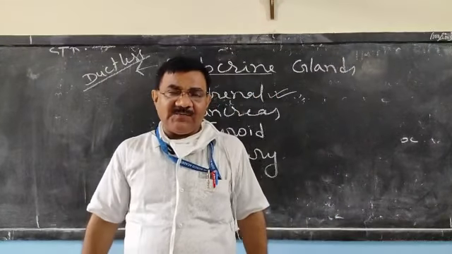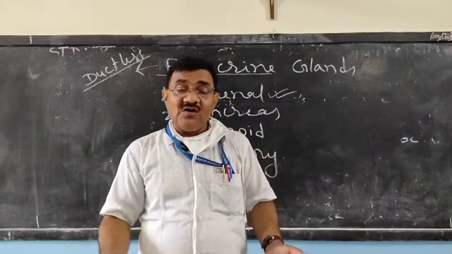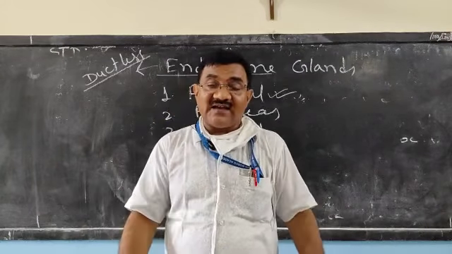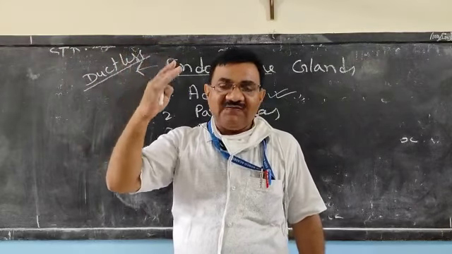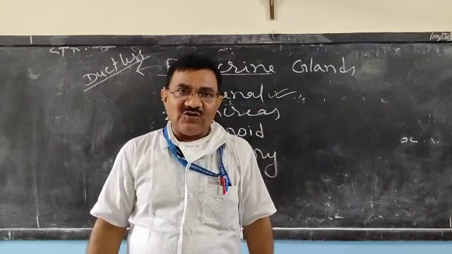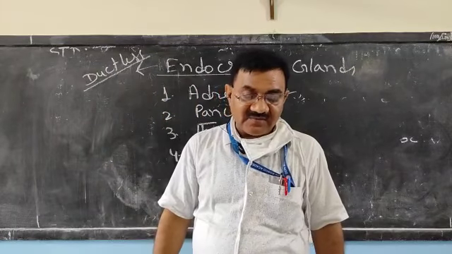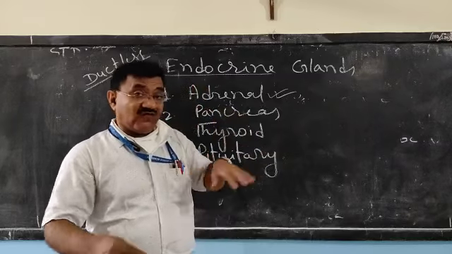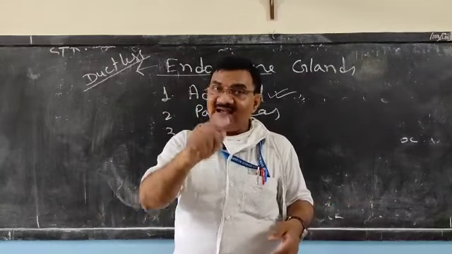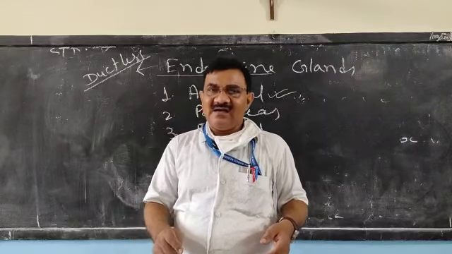The anterior pituitary secretes growth hormone. If in childhood more growth hormone is secreted, gigantism will develop, very tall. If less growth hormone is secreted, then dwarfism will come. And in adults, if over-secretion of growth hormone is there, then a condition called acromegaly will take place.